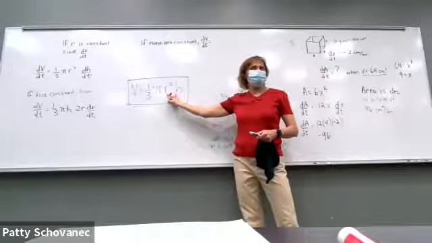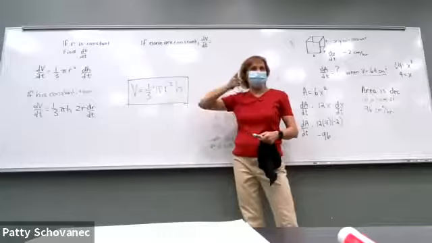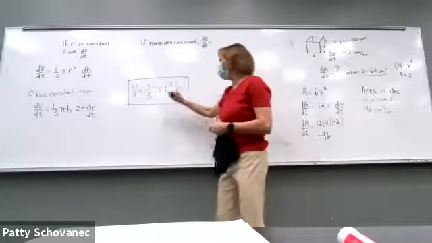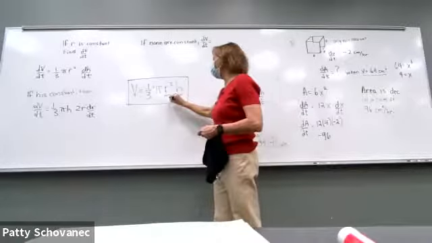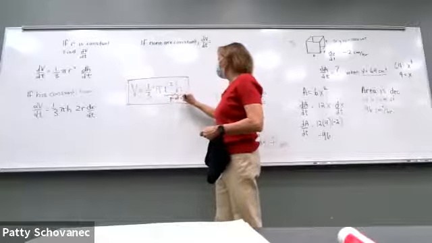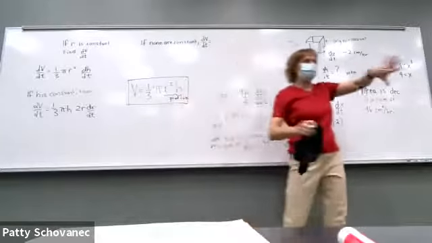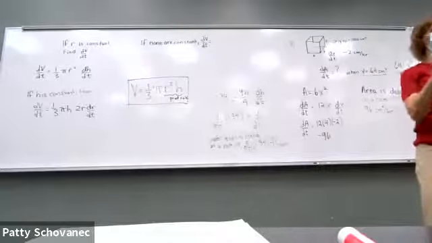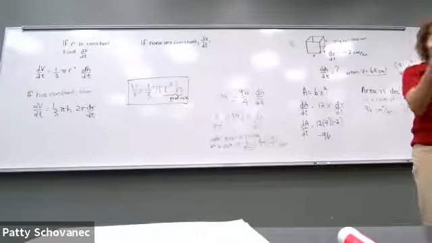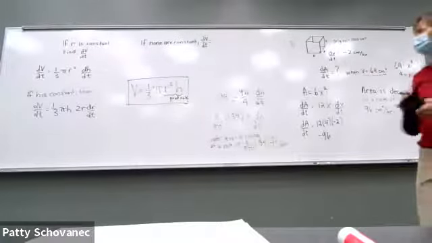Be careful, we've got a product. We've got to do the product rule. Try it, write on your paper. When they're constants, we factor them out, but if they change with time, then they're variables. So you've got to treat them as such and do the product rule.